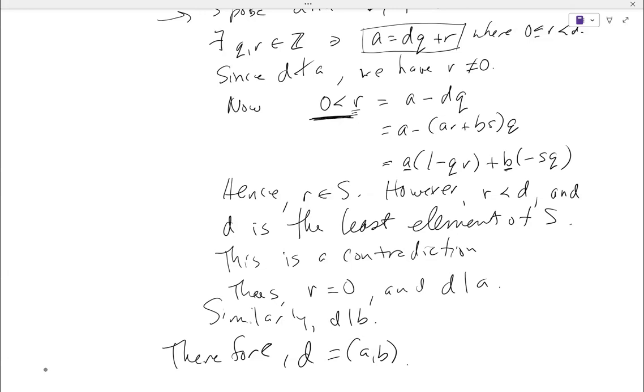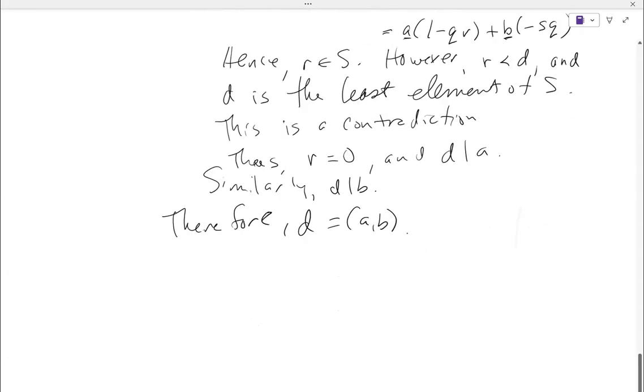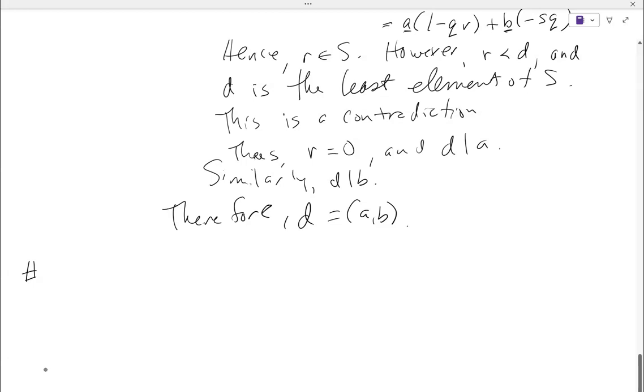So to illustrate how this can help, let's look at number 25 on page 16.